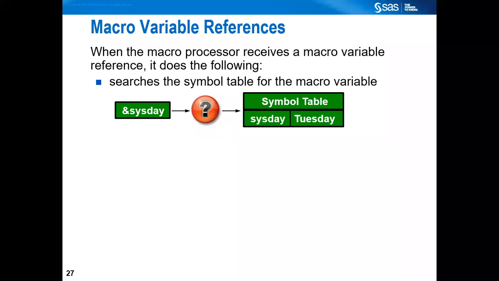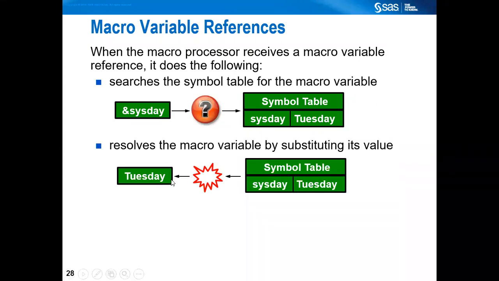So when the macro processor receives a macro variable reference, it searches your global symbol table for the macro variable. If it finds the value, it will resolve the value and pass it on in your program for the normal program flow, that is from word scanner to compiler. Okay, so this is what happens.